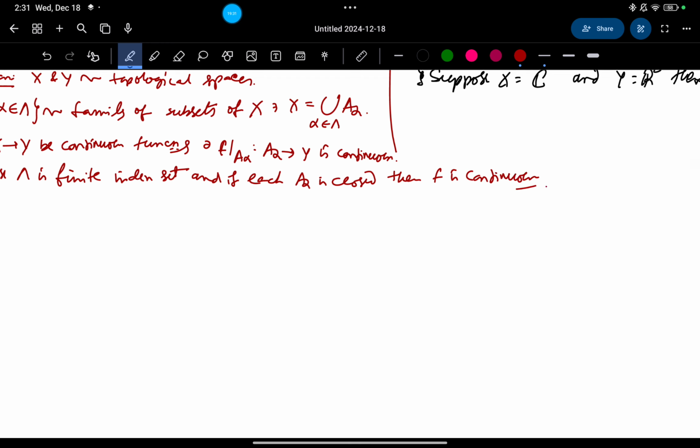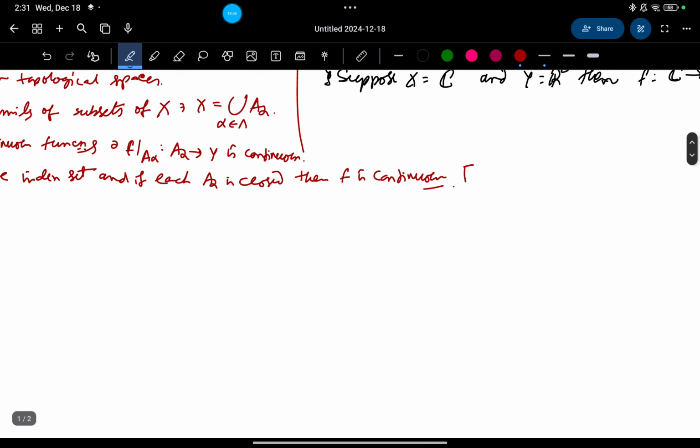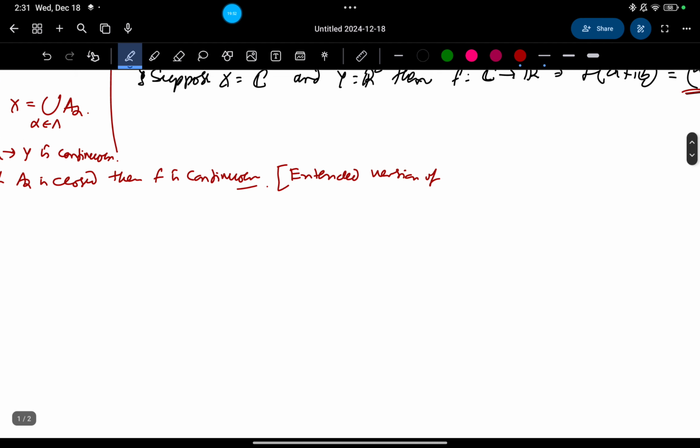So basically it is an extended version of the pasting lemma.